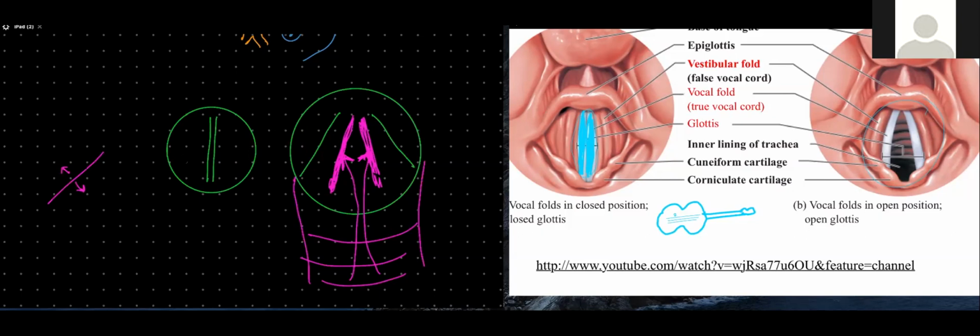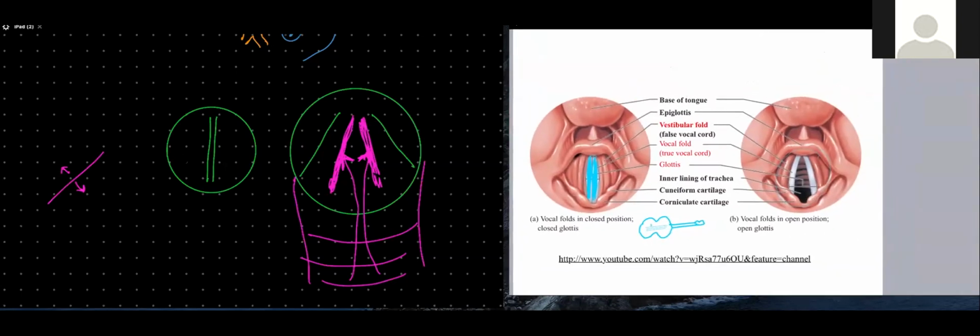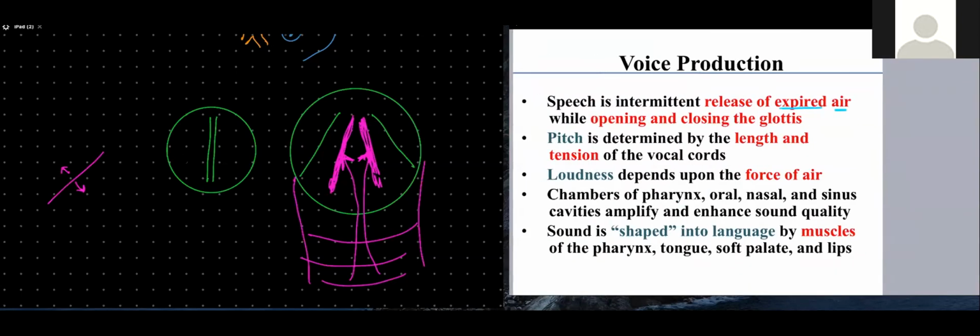This sound gets modified by the effect of the chambers of the pharynx, the oral cavity, the nasal cavity, the sinuses, and this enhances the quality of the sound.